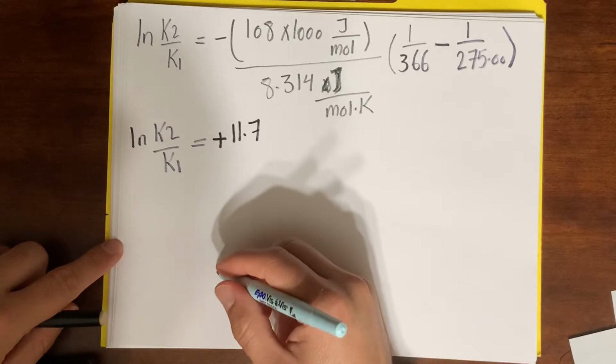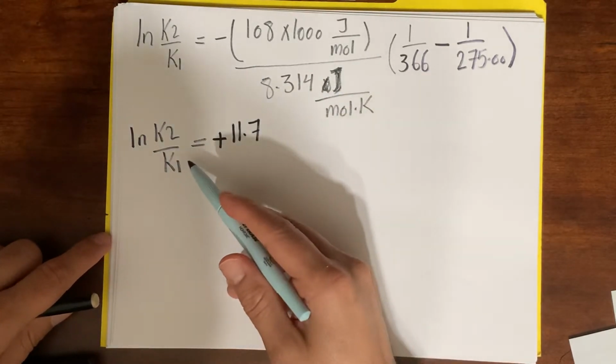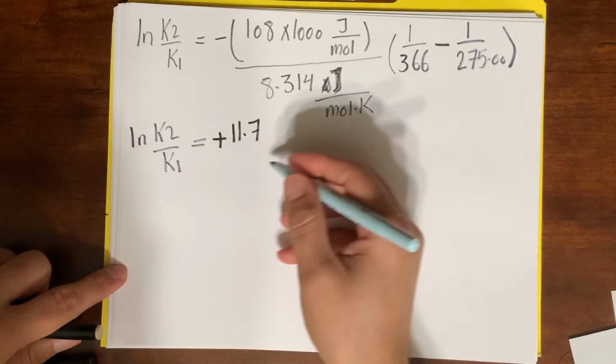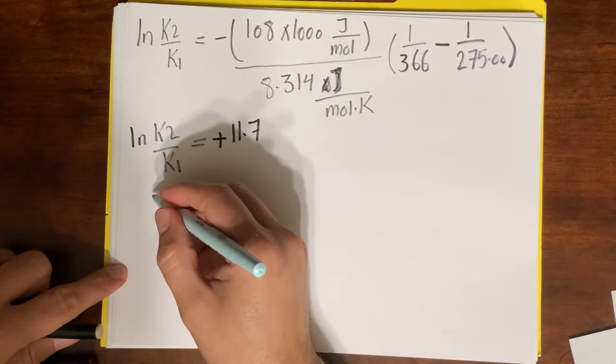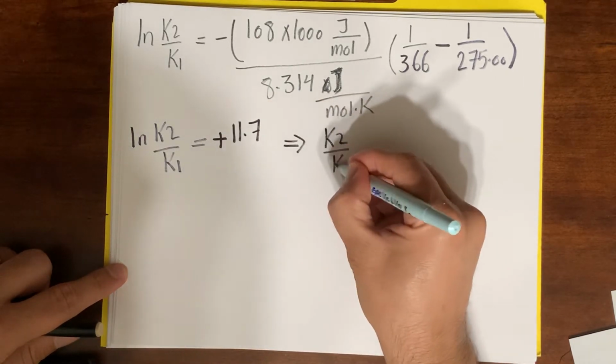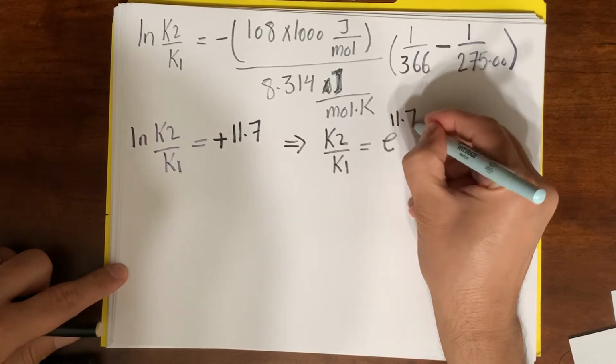Okay, so now we can calculate K2. So I'm going to say K2 over K1 will be e to the power of 11.7.